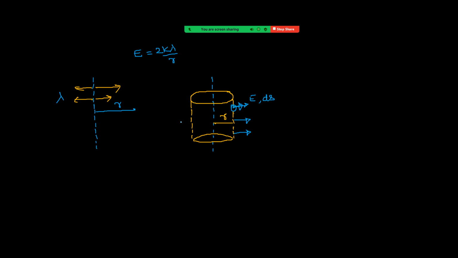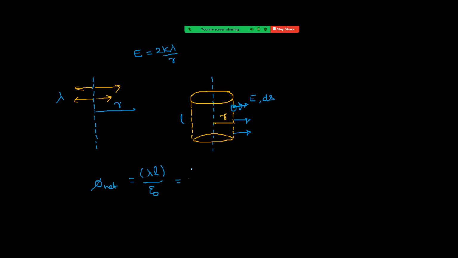Suppose this length is L. Then net flux equals net charge inside. The charge enclosed by the cylinder is lambda into L, upon epsilon naught.